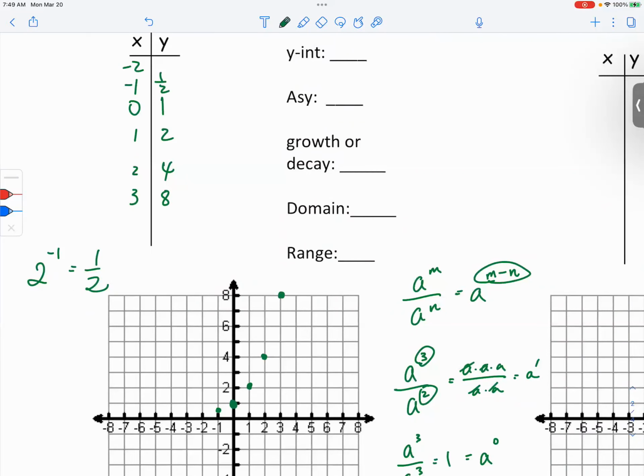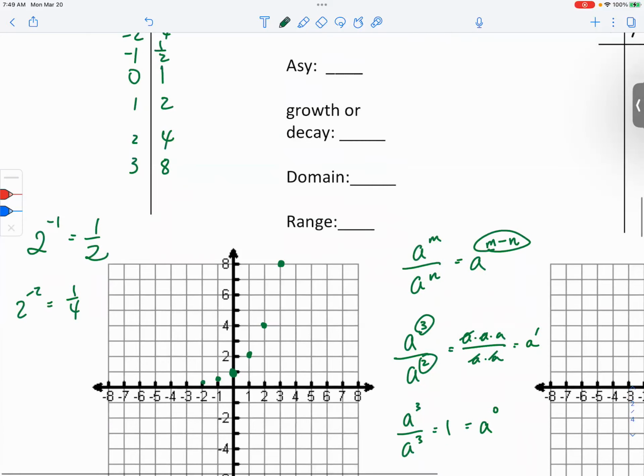So if you have the exponent of negative 2, what is 2 to the negative 2 power? 1 over 4. All right, so something that reminds yourself is that when the exponent is negative, it does not mean the number becomes negative.